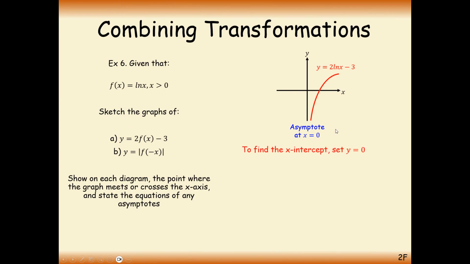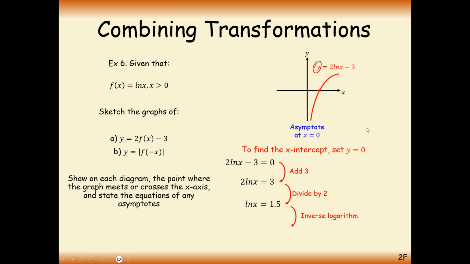So let's calculate the new intercept. The new intercept is where y value is 0. So we can substitute this y, replace it with a 0 and solve for x. So that's what we are going to do. We add 3 to both sides, we divide by 2, and we take exponential of both sides.